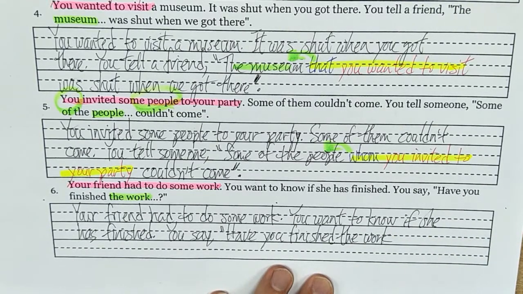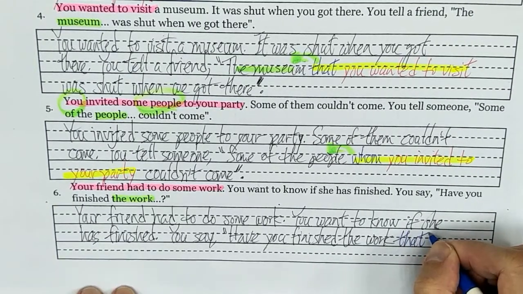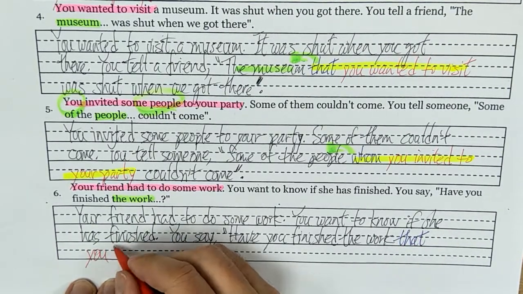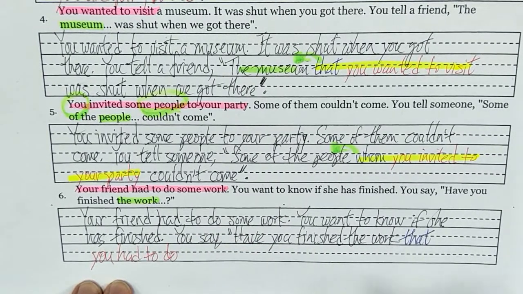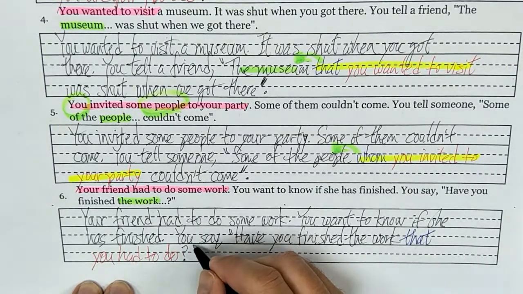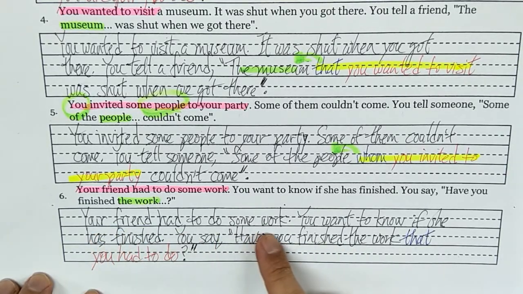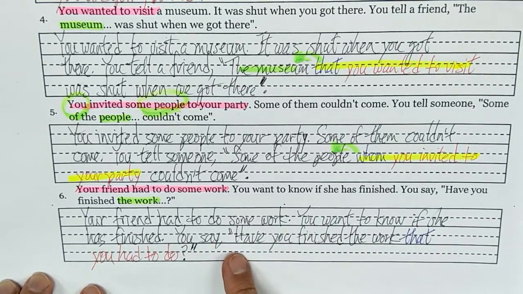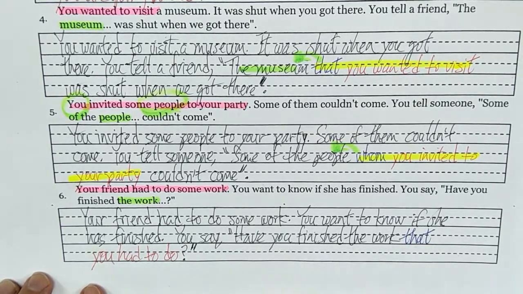Now, work is a noun, so the marker, that. Now we need a subject, that you, verb, had to do. "Have you finished the work that you had to do?" Question mark inside the quote. End quote. Your friend had to do some work. You want to know if she has finished. You say, "Have you finished the work that you had to do?"